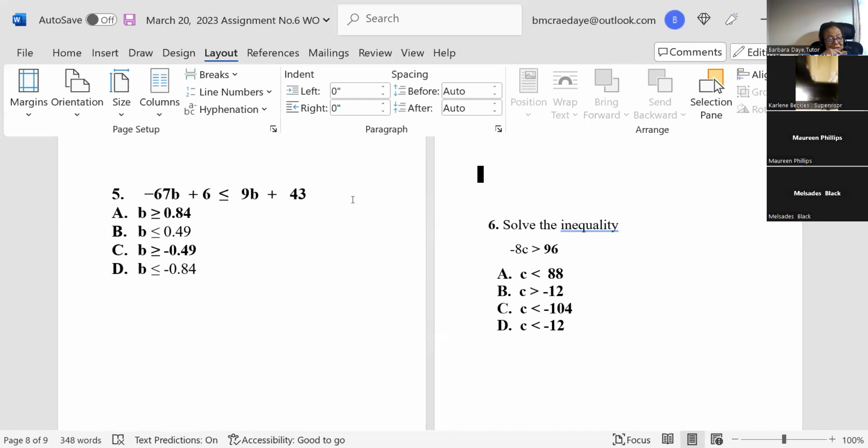You can do your constants first, or you can do your variables first. Mercedes, which step are you doing first? Starting with the constants. Okay. So what are you doing with the constants?